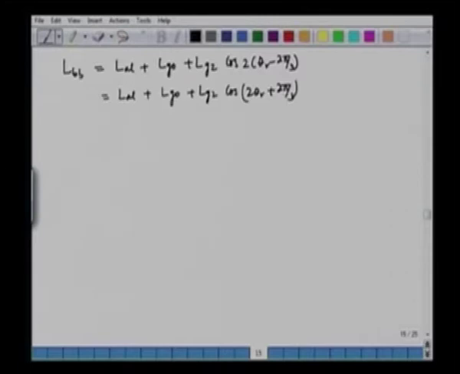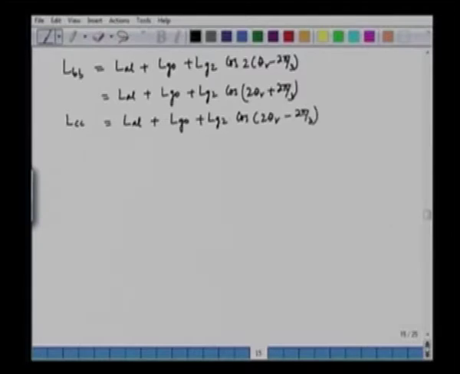And for the self inductance of phase C, similarly we can calculate LAL plus Lg naught plus Lg2 cos of 2 theta r minus of 2 pi by 3.